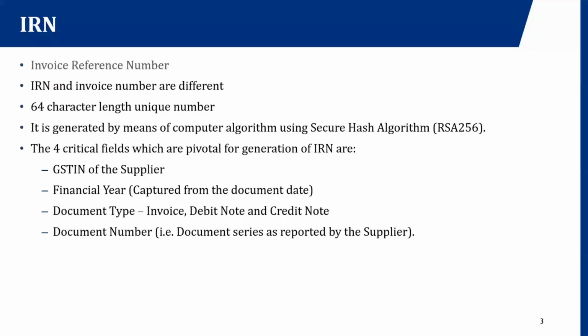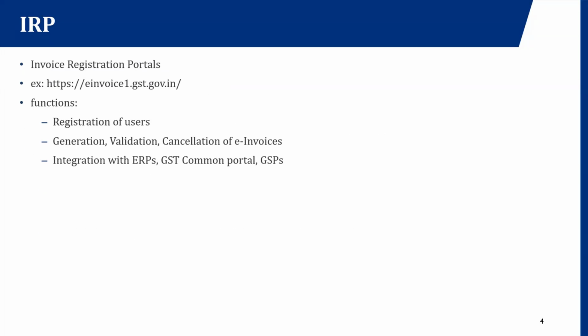That is why I was telling you that the invoice number and the IRN are different. So based on these 4 things, the IRN is generated on the e-invoicing portal.